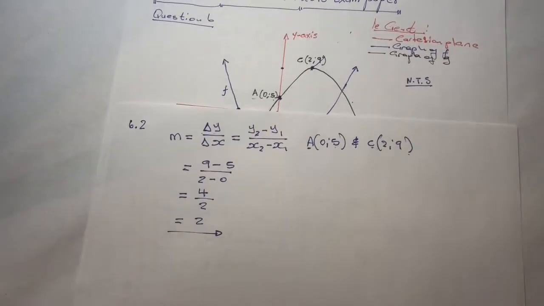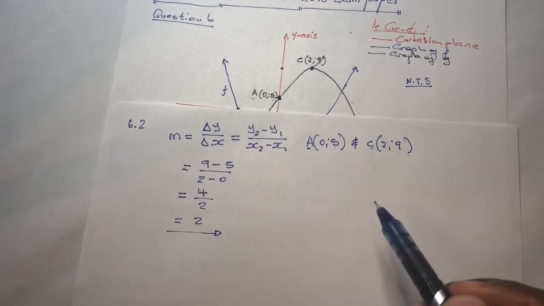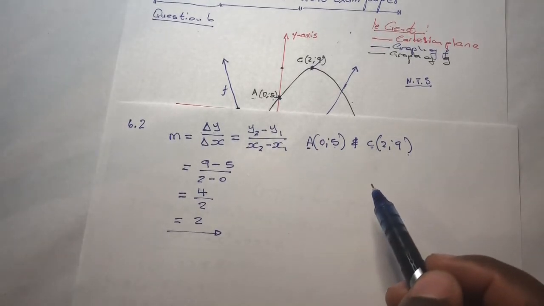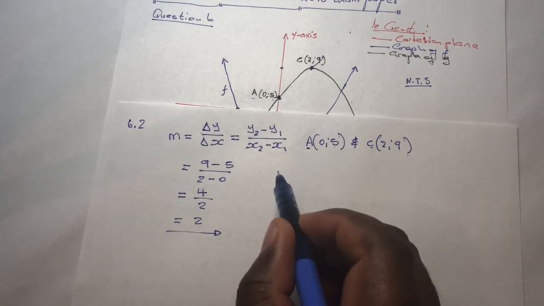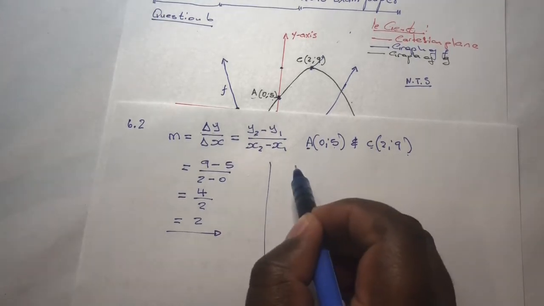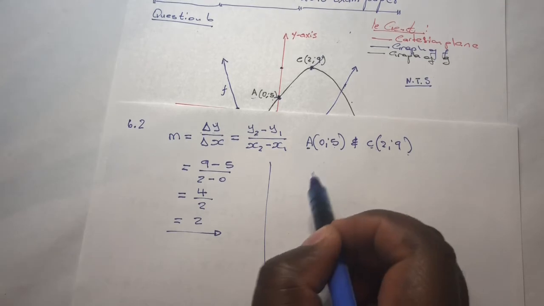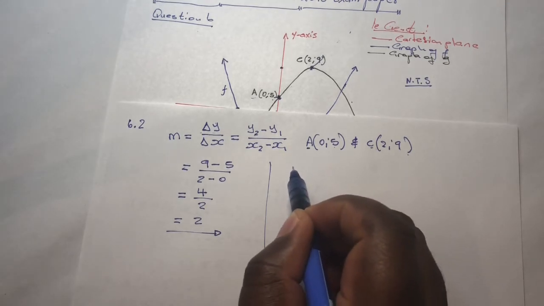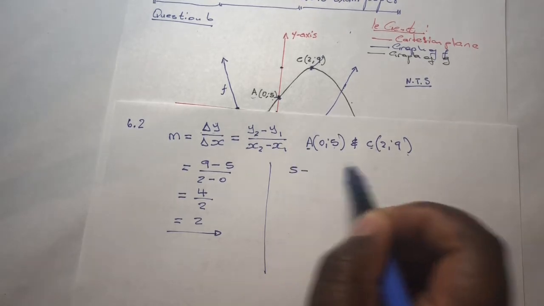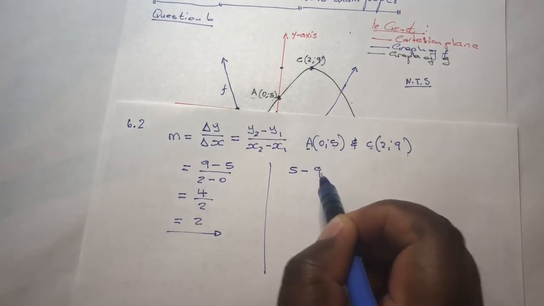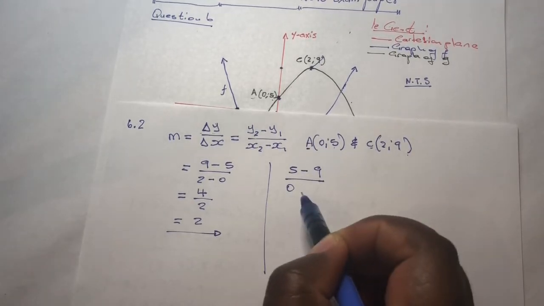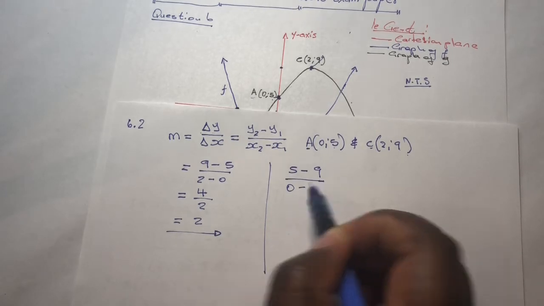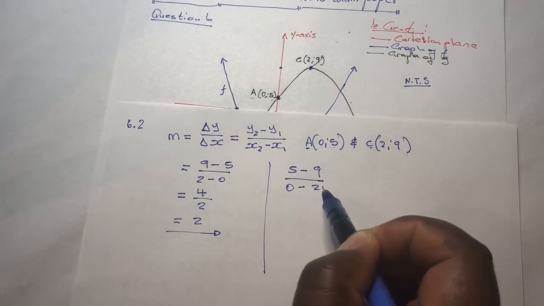So let's see if we swapped the y2 and the y1. So that means our y2 is 5, minus 9, which is y1. We've got our x2, which is 0, minus 2.